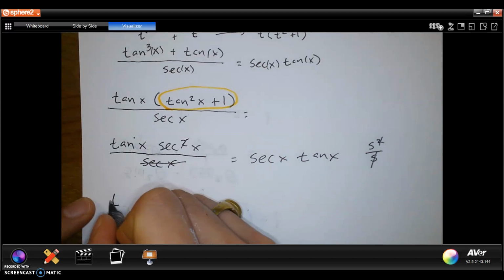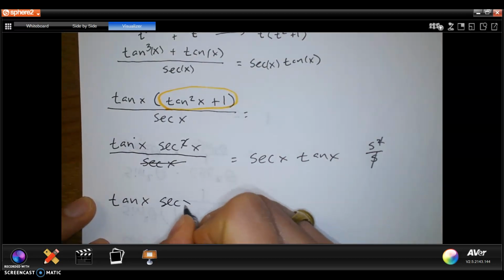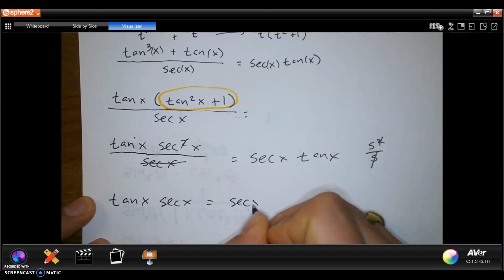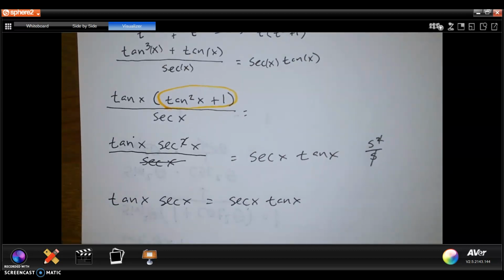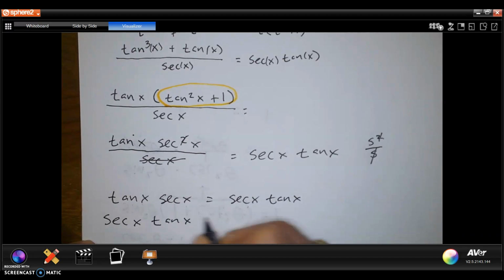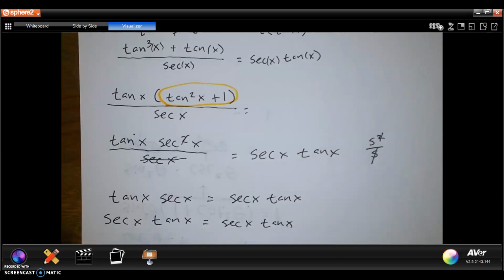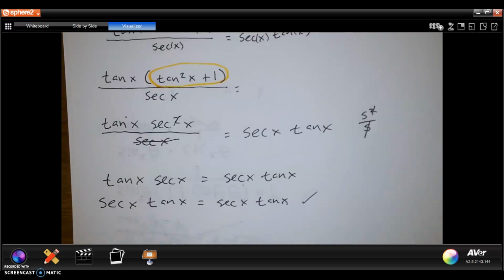This leaves us tangent of x, secant of x equals secant x tan x. Now I will let you know they should look identical, so I am going to rewrite it as secant x tan x equals secant x tan x. Some teachers are sticklers about it. It really is important that they match up exactly. Make sure that's the case.